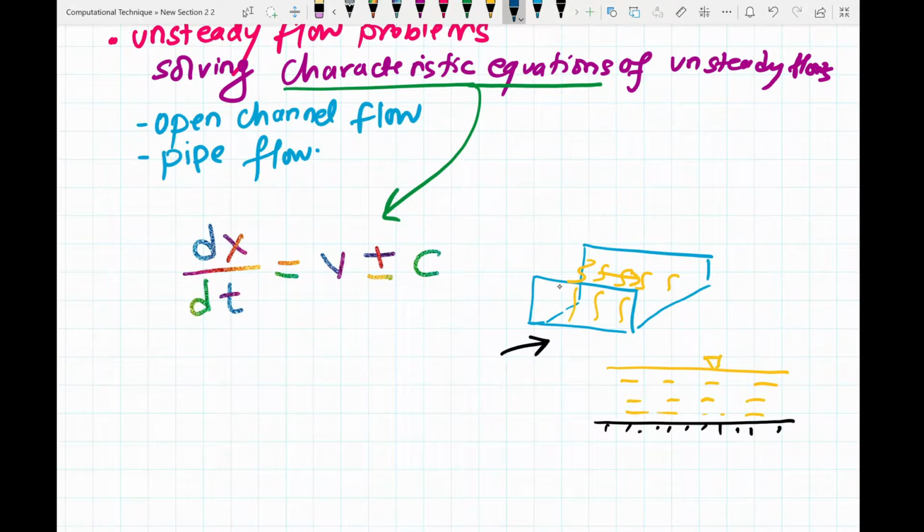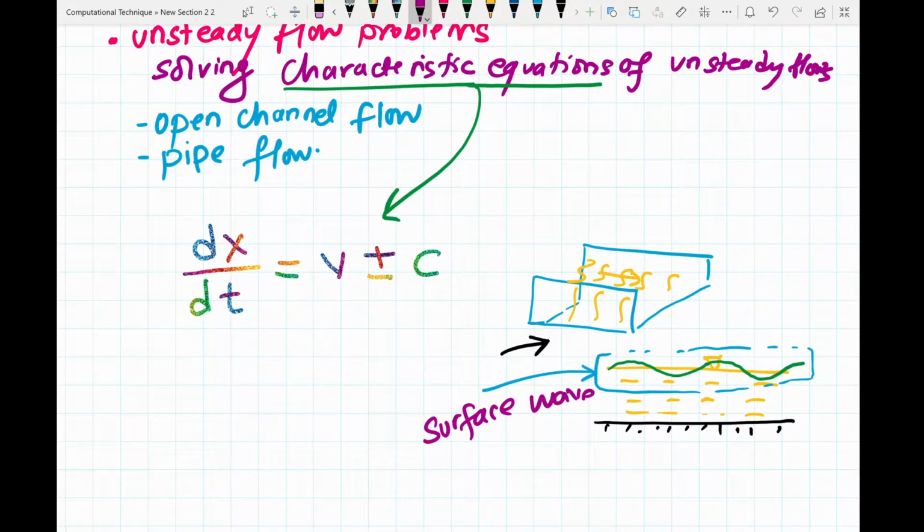Now when your water is flowing, it will create some waves at the surface. We are concerned about these waves here, which may be known as surface waves.